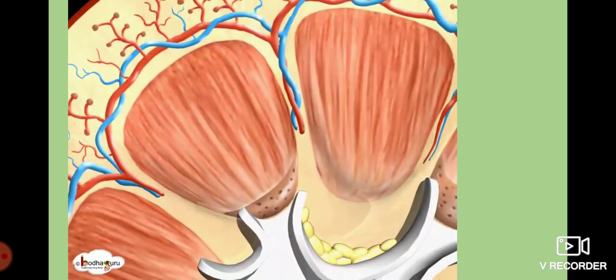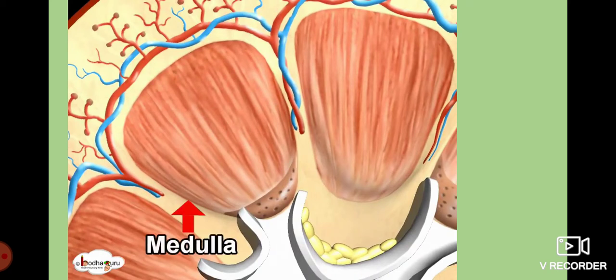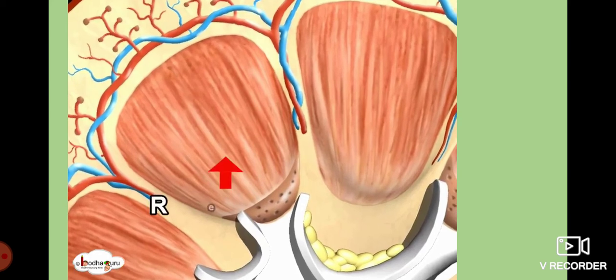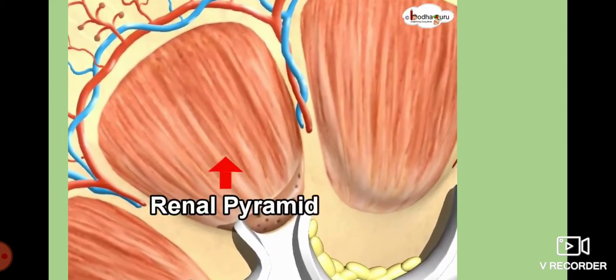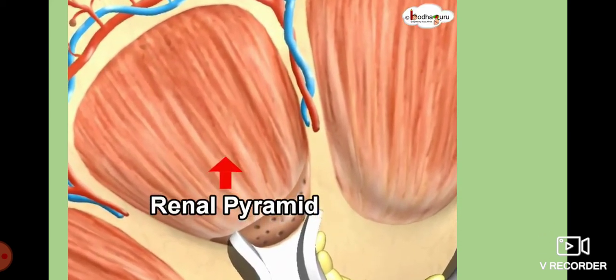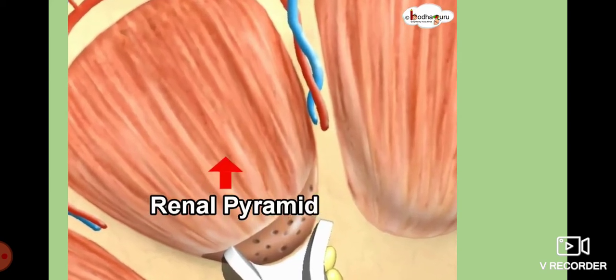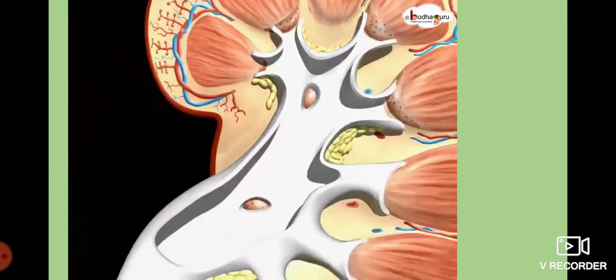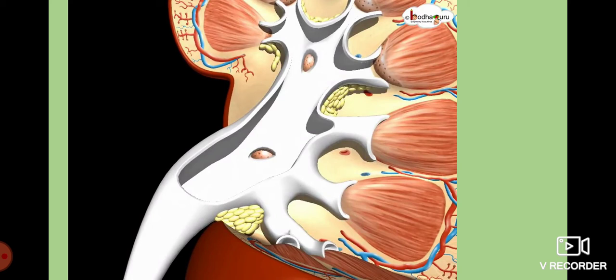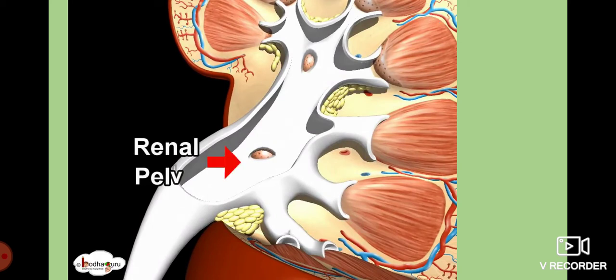The inner part, the medulla, is pale, and these pyramids, like renal pyramids, have bulk nephron tubules which carry the filtrate liquid. After reabsorption of essential materials in tubules, the liquid that reaches the renal pelvis is urine.